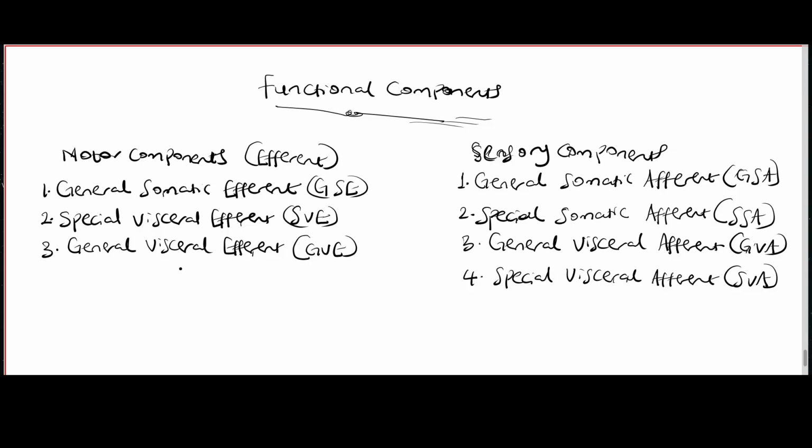Essentially, the functional component just tells you the kind of information that a nerve fiber is carrying. We know what a nerve fiber is, and we know that each cranial nerve is made up of a bundle of nerve fibers. So the functional components basically tell what kind of information a particular nerve fiber is carrying.